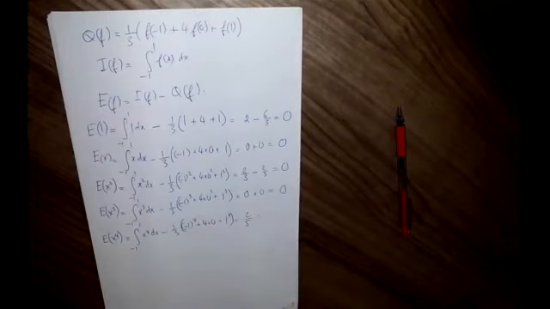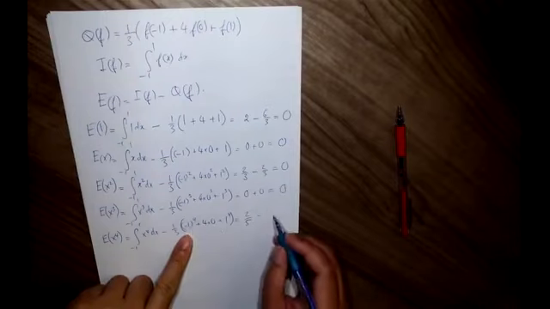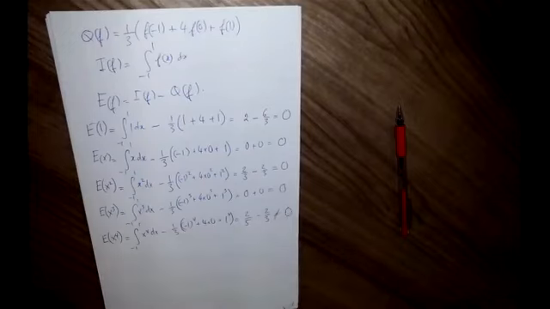Minus, this one will be 1 plus 1, so 2/3. So it is not equal to 0 anymore. So the degree of precision should be equal to 3, yeah?